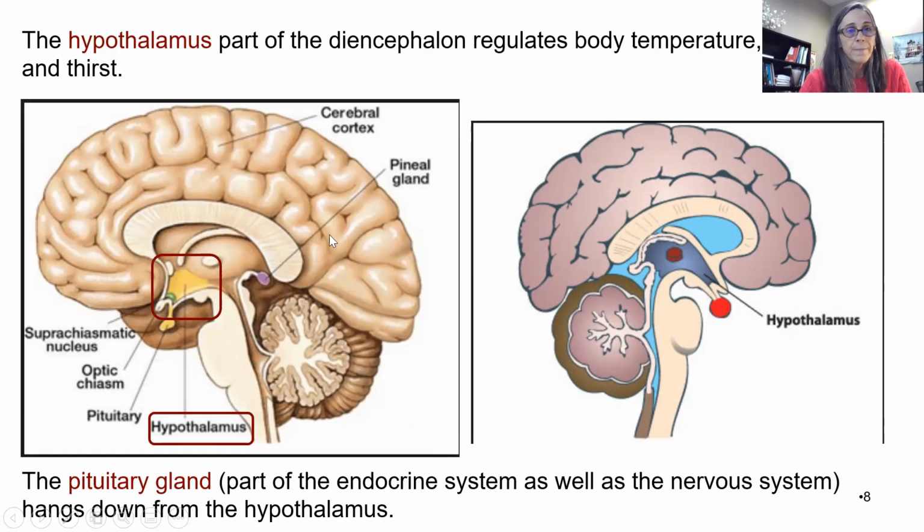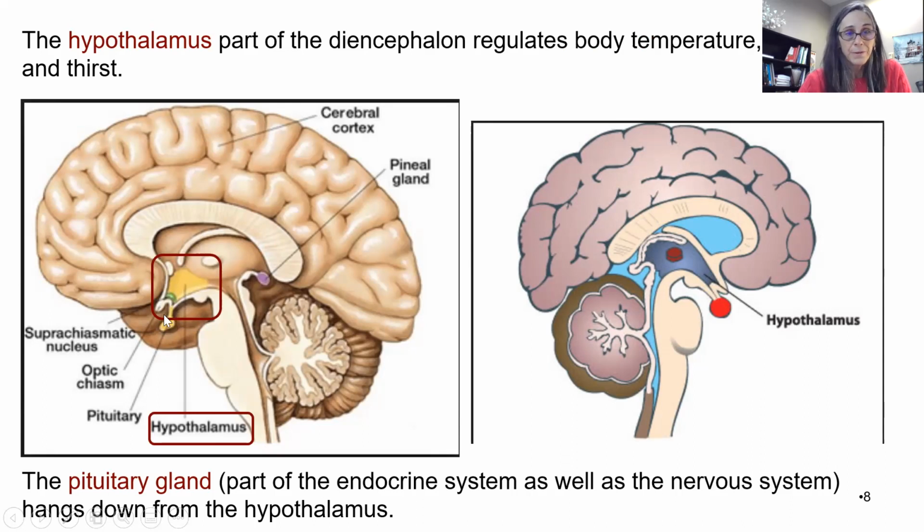So here is our cerebrum and our corpus callosum, CC, the big C. Here's our egg shape, so this is our thalamus. In front of the thalamus, the nugget that sticks out anteriorly and inferiorly is your hypothalamus. Below the hypothalamus you have a little pod that sticks out, and that is your pituitary gland.